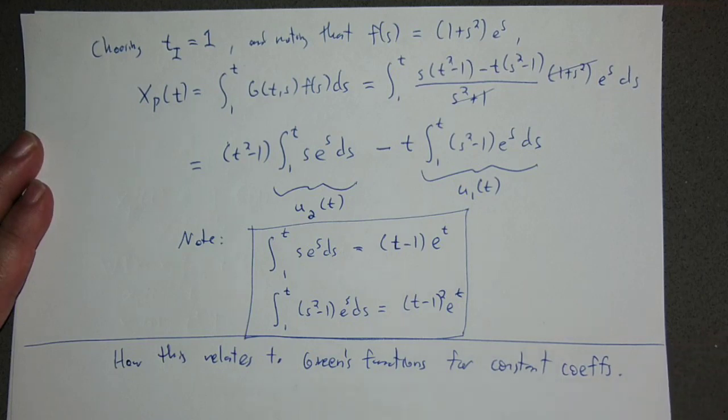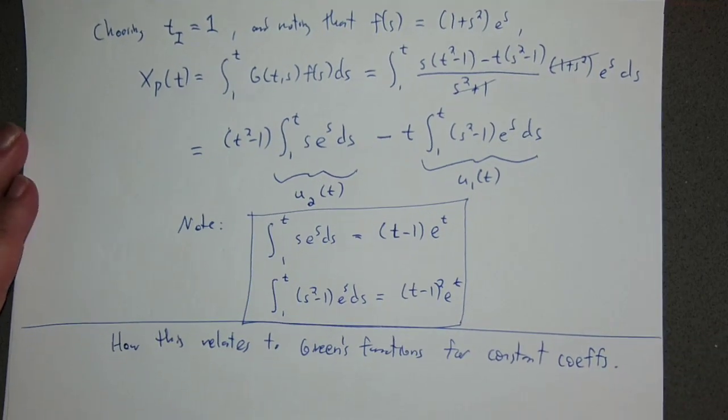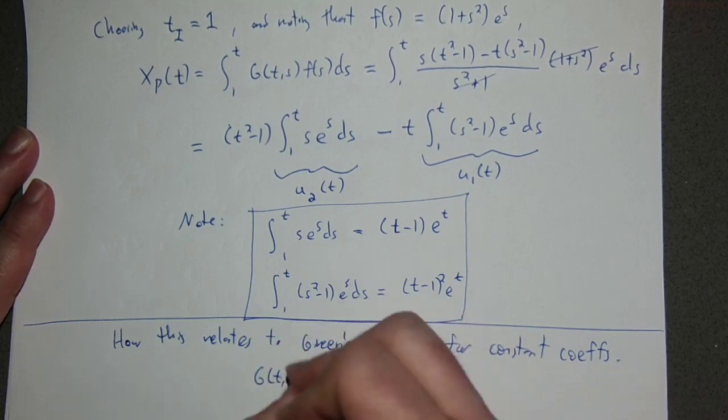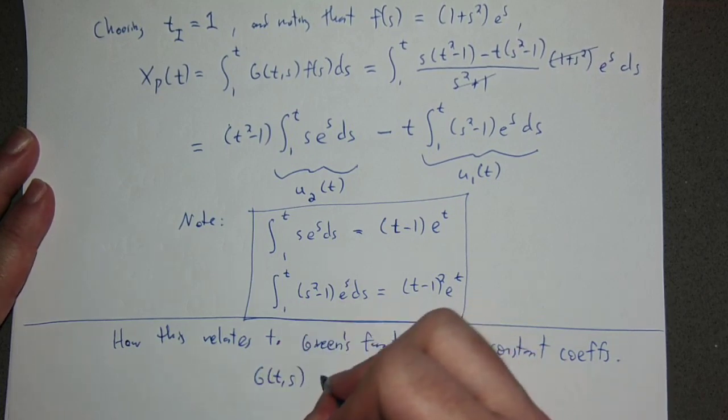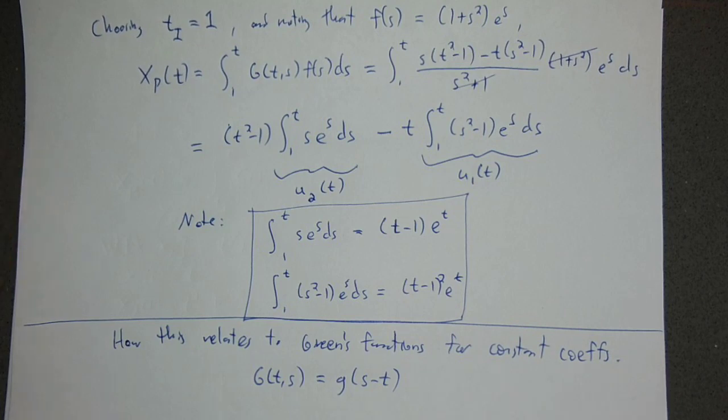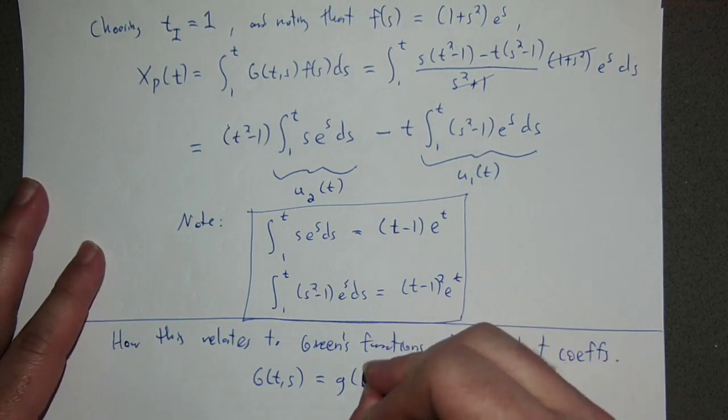Again, I didn't cover it, but for the interested student, if you look in that section, our big G Green's function is the same as little g Green's function. It's s minus t. Or is it t minus s? Let me think about it for a second. I guess it needs to be t minus s. That's right. So this is t minus s.